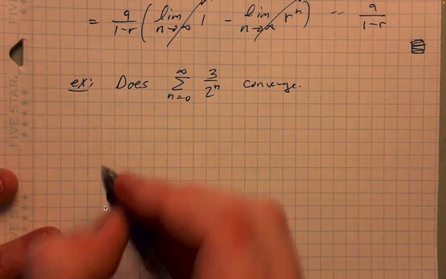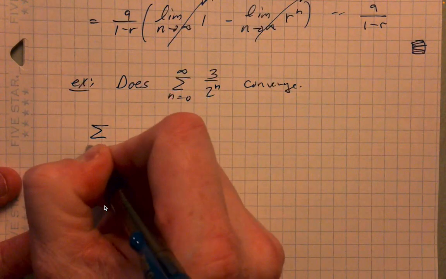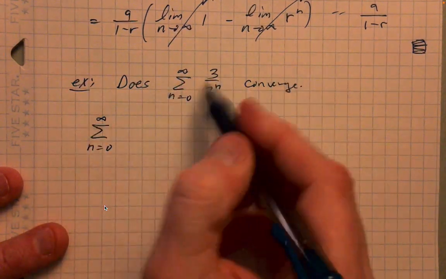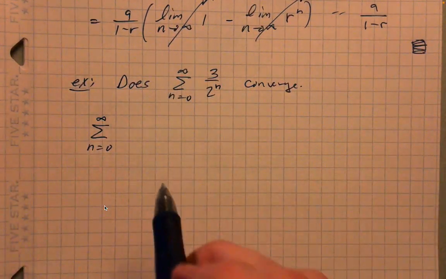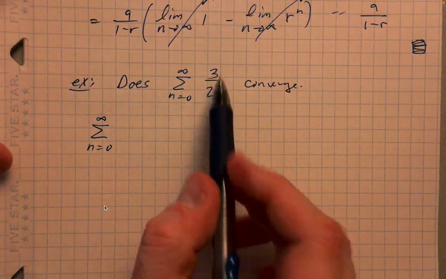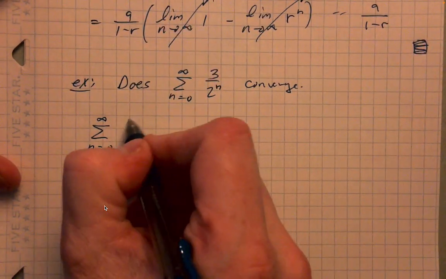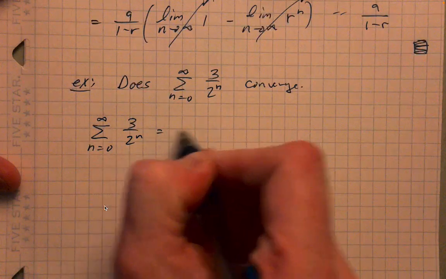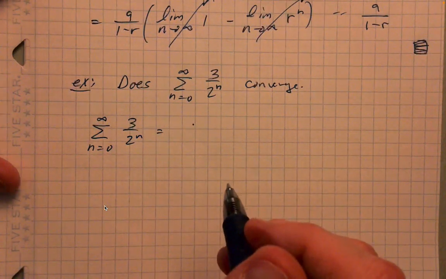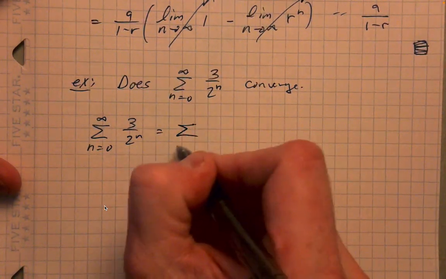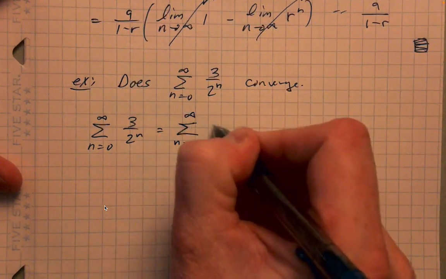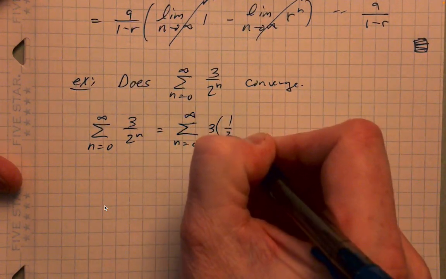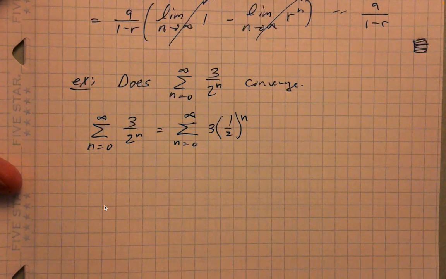Well, let's break this down a little bit. We can see that this is basically just a riff on the original example. The original example is 1 over 2 to the n, but this is 3 over 2 to the n. If you want to break it up, this would be n equals 0 to infinity of 3 times 1 over 2 to the n.